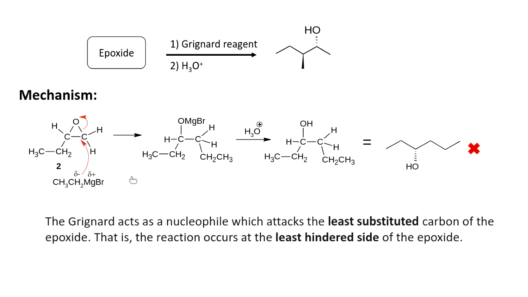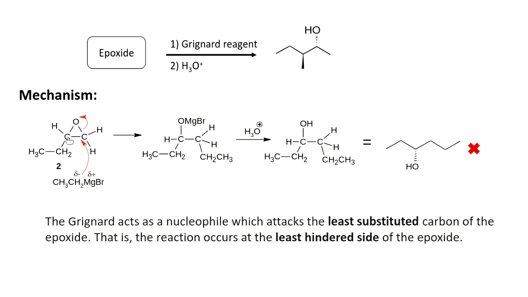And this is due to steric and electronic effects. So you recall that alkyl groups are electron donating, which makes this carbon less susceptible to a nucleophile. So it's more sterically hindered, and this carbon is less positive.